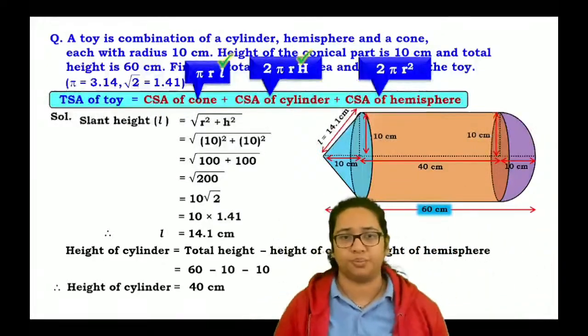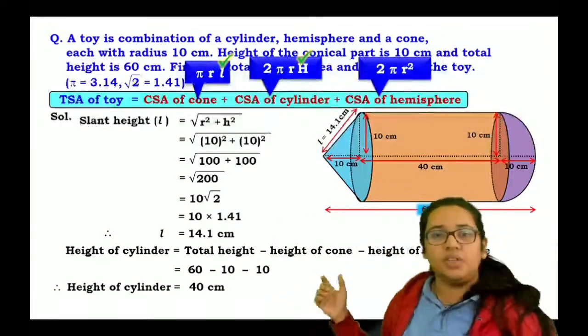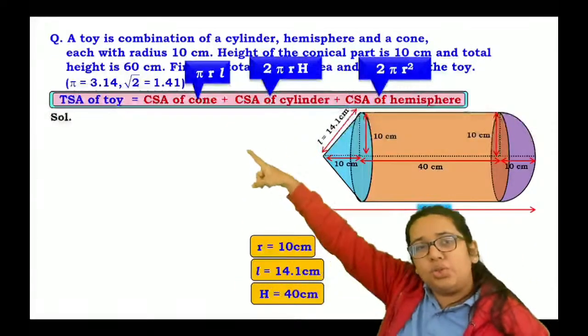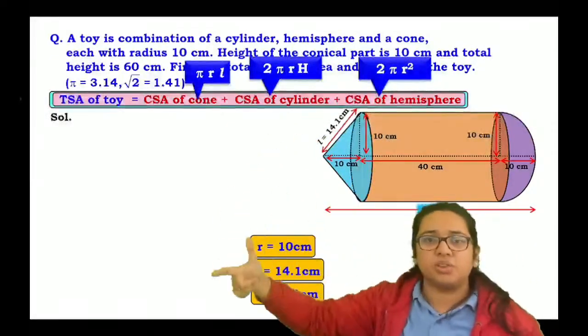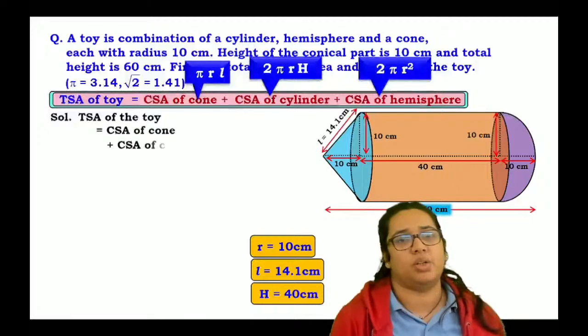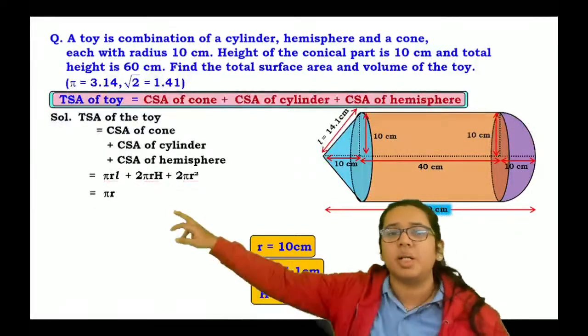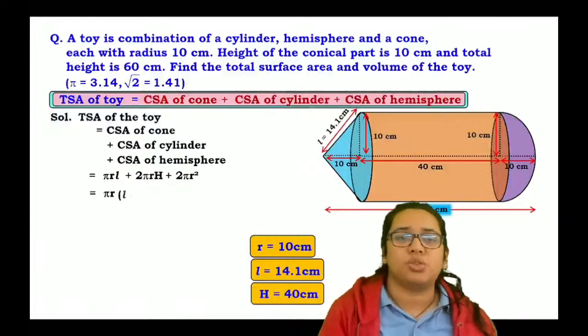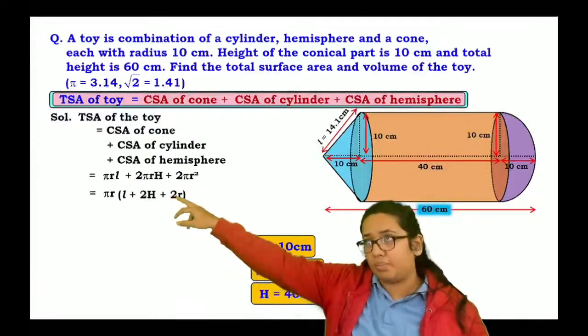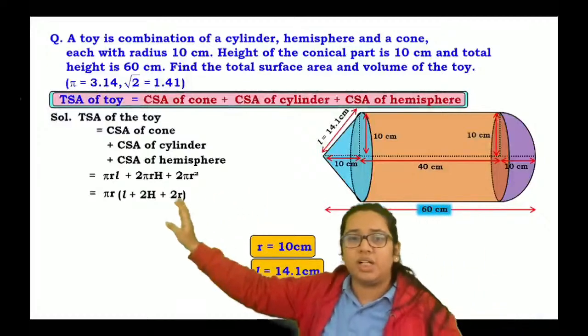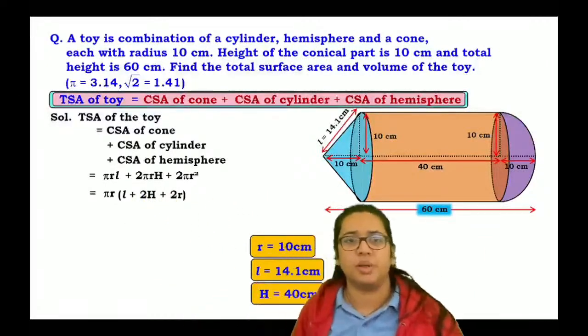Okay. Now we have the height of the cylinder. So we can easily go for the curved surface area of the cone, the curved surface area of the cylinder and all the other things. So the total surface area of the toy is pi r l plus 2 pi r h plus 2 pi r square. But we can take pi r common from this.